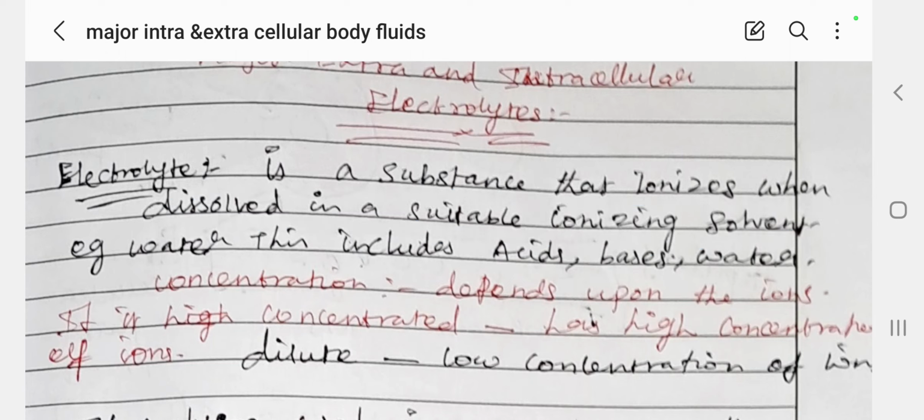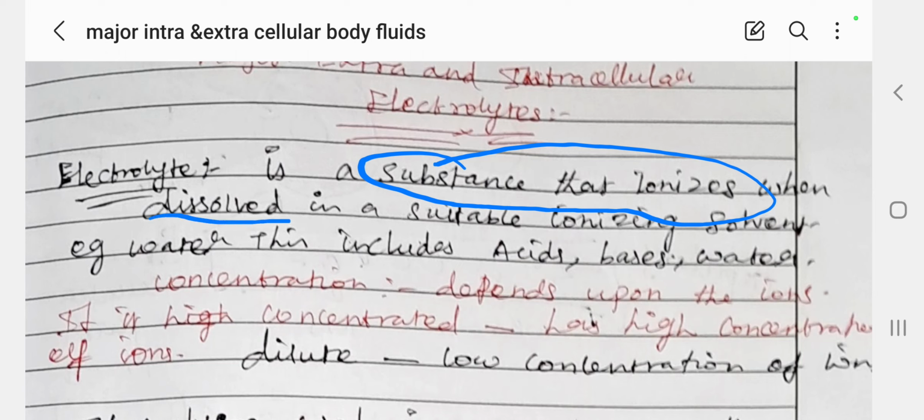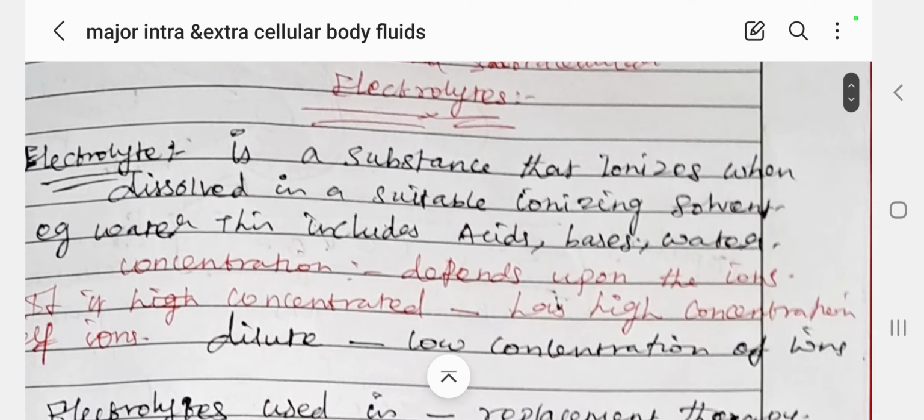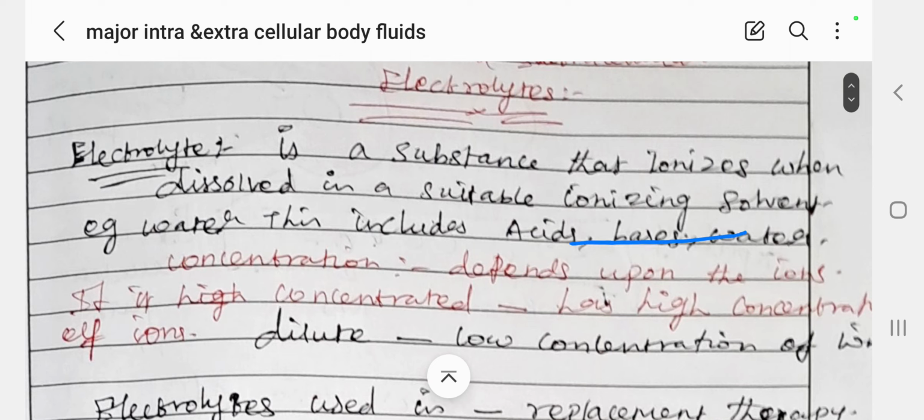Okay, so an electrolyte is a substance that ionizes when dissolved in a suitable ionizing solvent, for example water. This includes, for example, acids, bases, water, carbohydrate, protein and blood products.